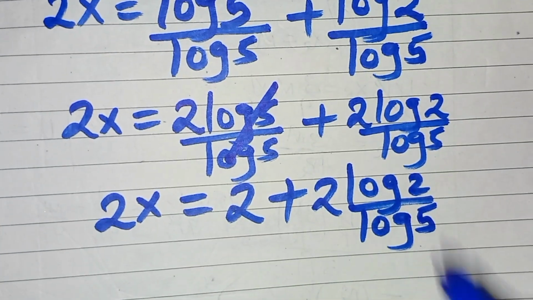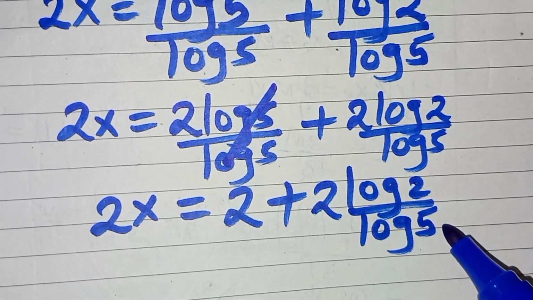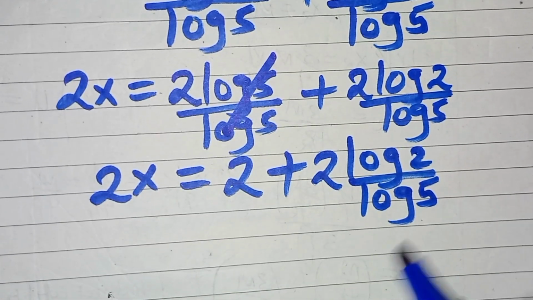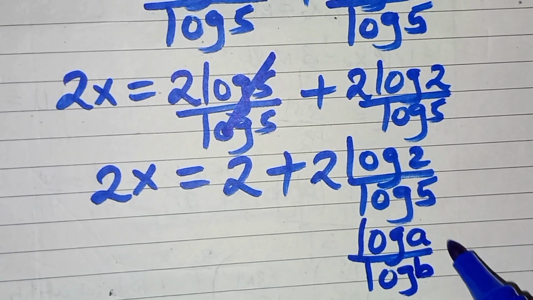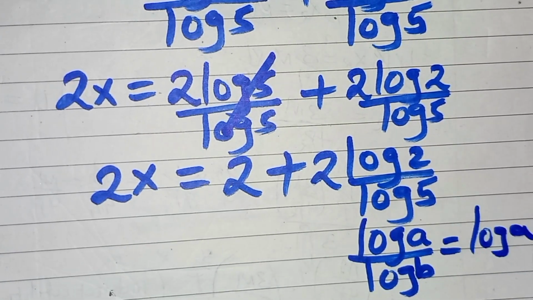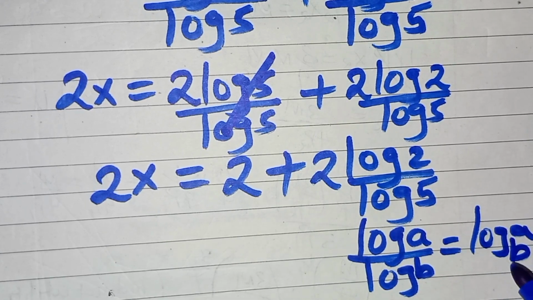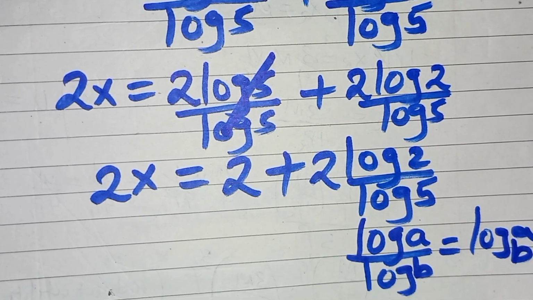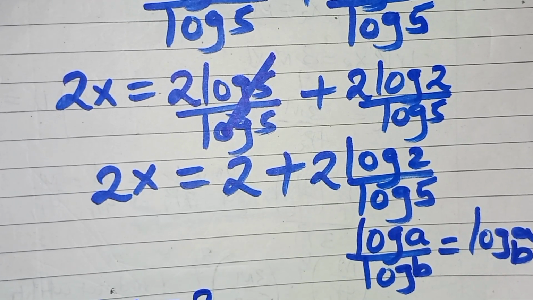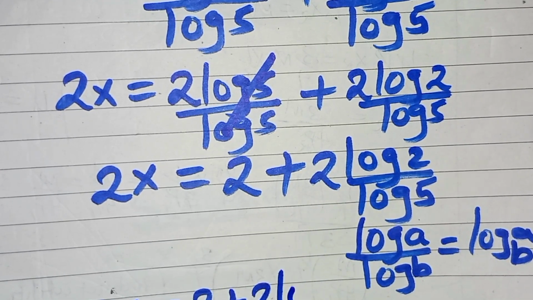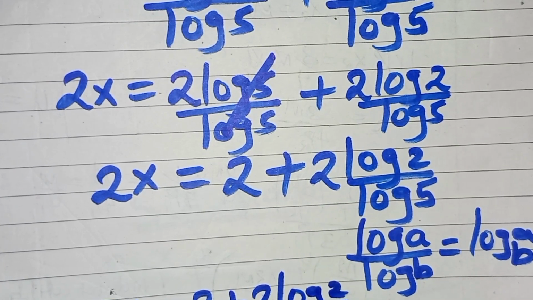Okay, so log 2 divided by log 5 is essentially in the form of log a divided by log b, which you can express as log a to base b. So let's apply this property. We'll have 2x is equal to 2 plus 2 log 2 to base 5.